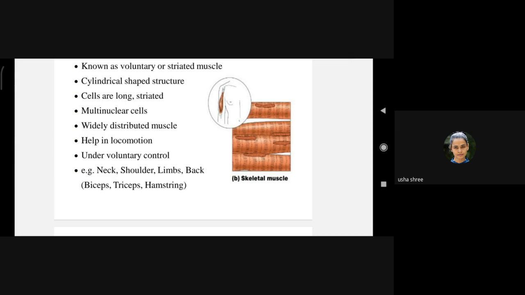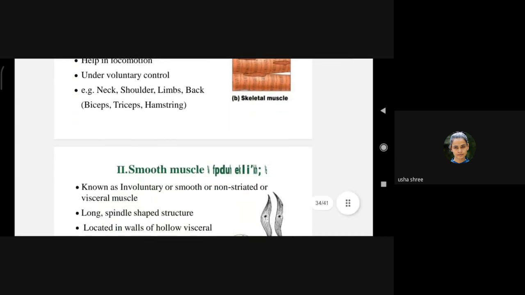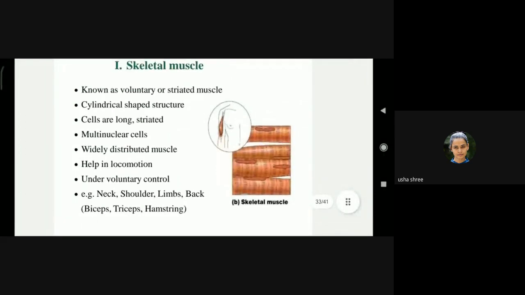Back, bicep, tricep, hamstring. And what did you say was the reason for being multinucleated? You said there's a reason why they are multinucleated. Yeah, these cells are larger. Muscle cells are larger.